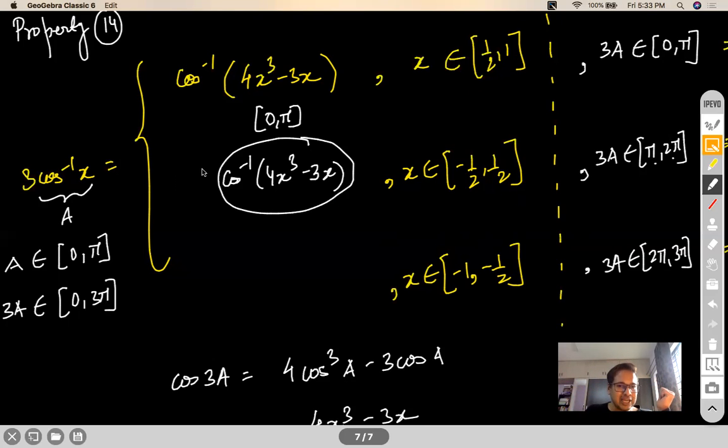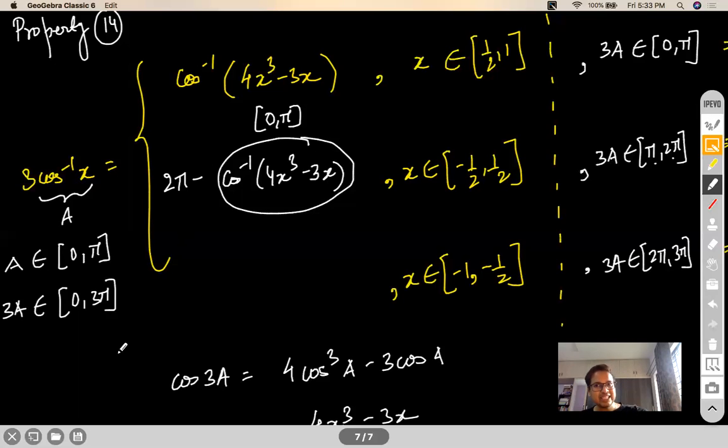I want to do some manipulation with this so that I end up getting pi to 2 pi. That is number one. Secondly, whatever I get, if I take cos on that, it should give me this angle itself, that is this value itself, 4x cube minus 3x. Right, yes. I should do 2 pi minus this.